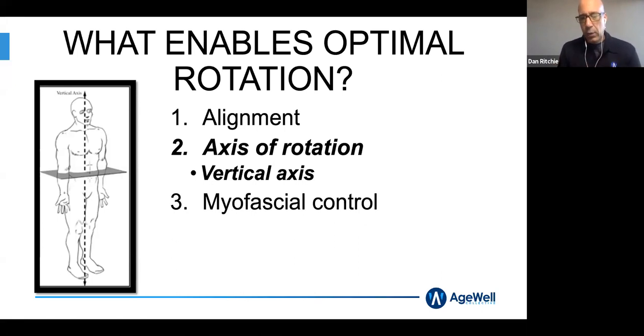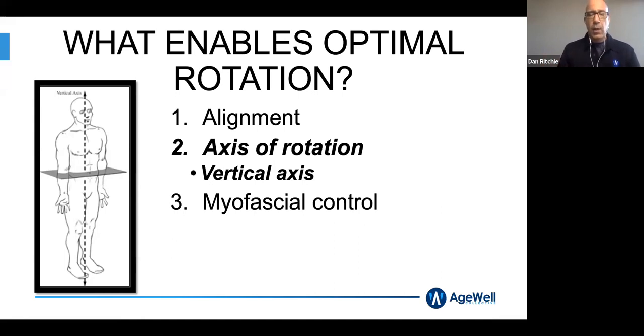Similar to if the axle on your car or your bicycle is off, then your tire won't rotate optimally. And that's oftentimes a cause of premature wear and tear on a tire, is when the alignment of the tires isn't good, or the axle is off, then you'll get uneven wear and tear. And it's just like that in our body. When we do not have optimal alignment and an optimal control of the axis of rotation, we're not going to get optimal rotation, and we will create premature wear and tear, which often happens to our clients and many of us.